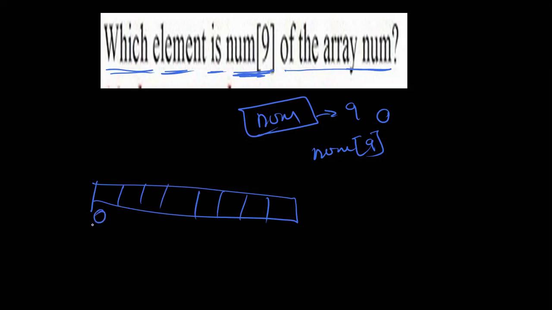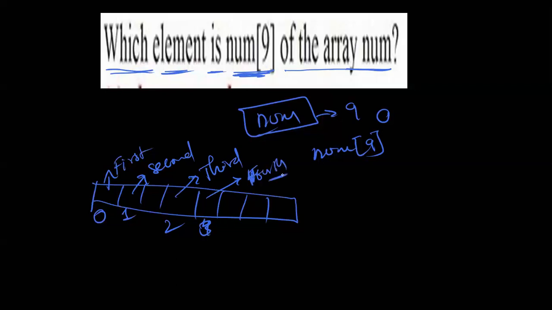On index 0, we are storing the first element. On 1, we are storing the second element. On 2, we are storing the third element. On 3, we are storing the fourth element. Now you see, this index is first 0, second 1, third 2, fourth 3.